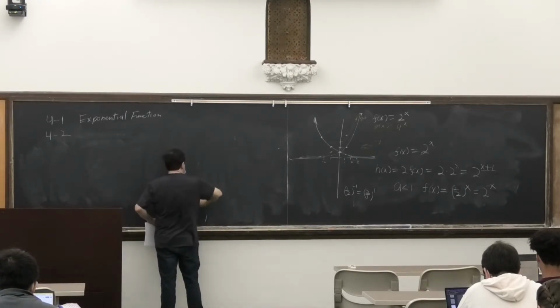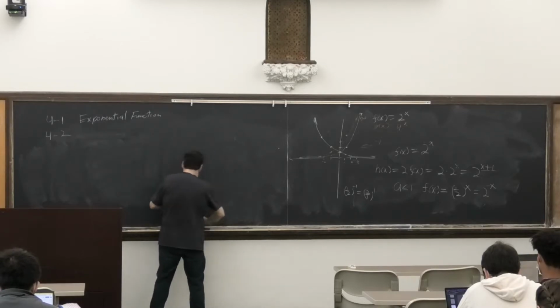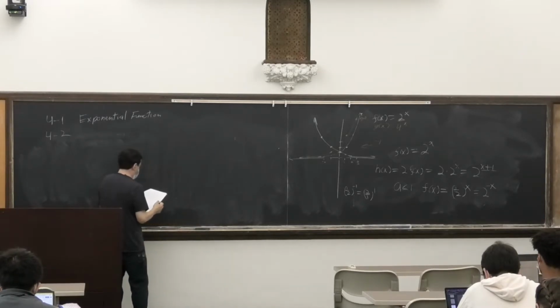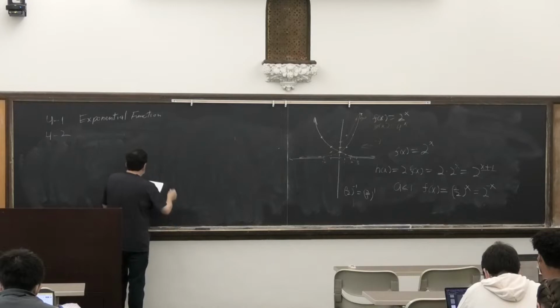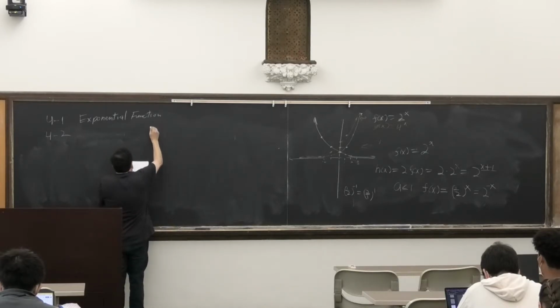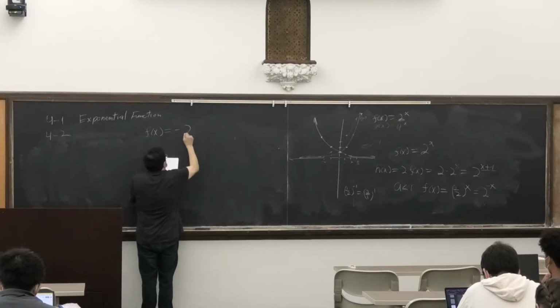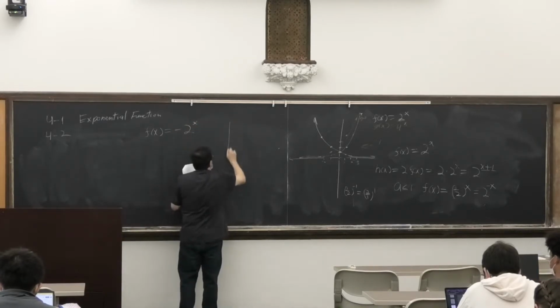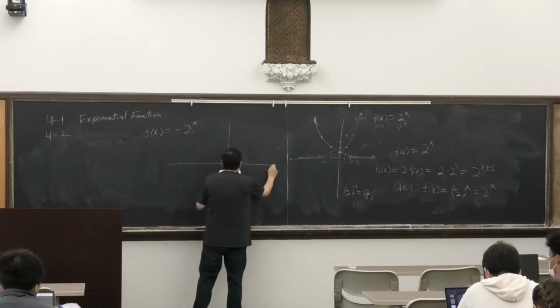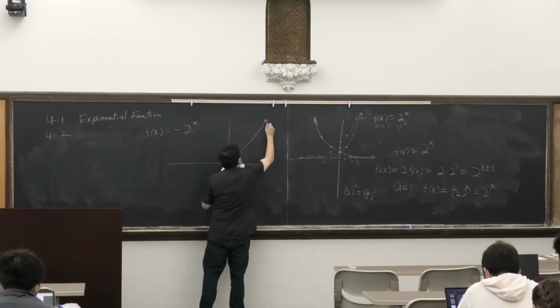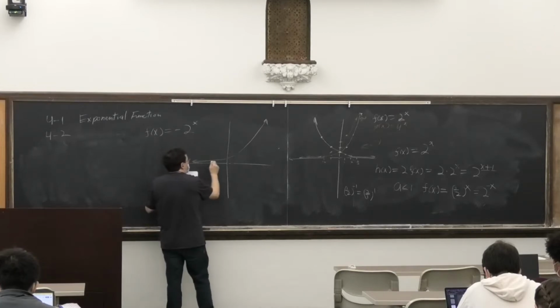One more transformation we should look at is, well, what happens if I have f of x equals minus 2 to the x? Well, I'm just going to draw in, this is 2 to the x.